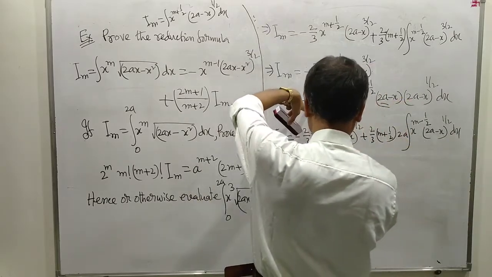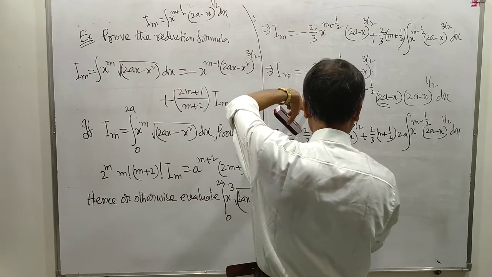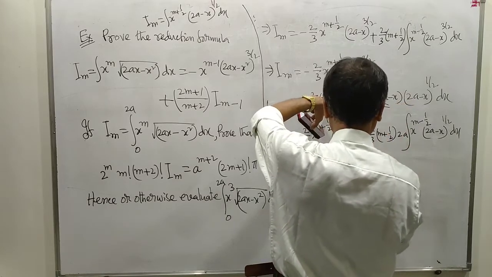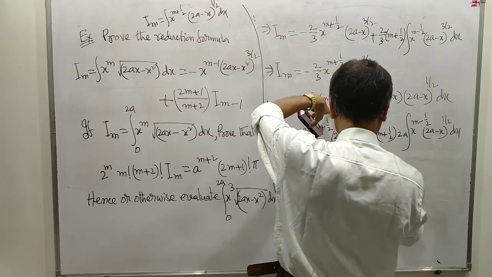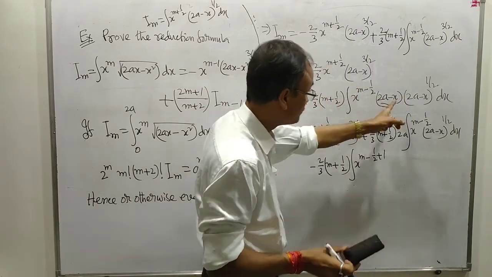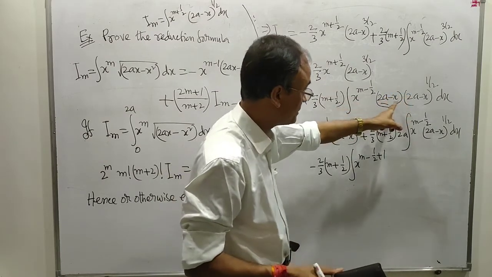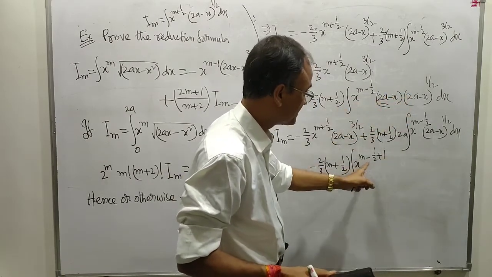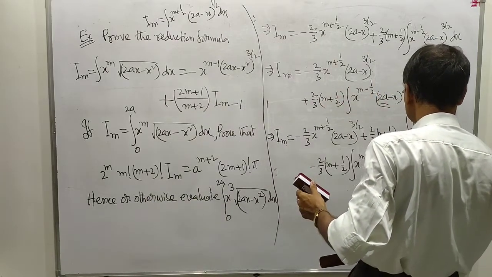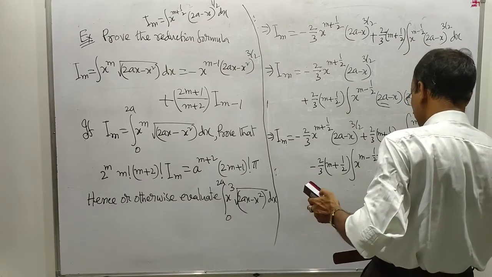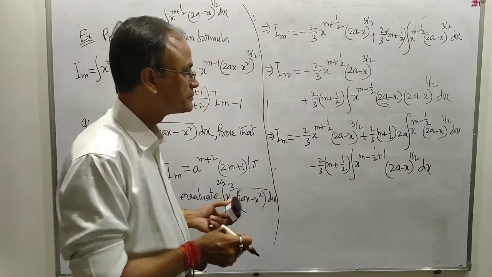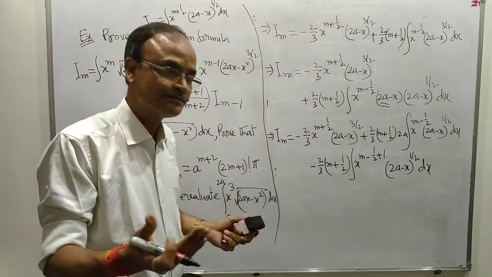Plus, it will be minus 2 by 3 into m plus half, the integral of x to the power m minus half into x, meaning plus 1, that is x to the power m minus half plus 1, into (2a minus x) whole to the power half dx. Right?